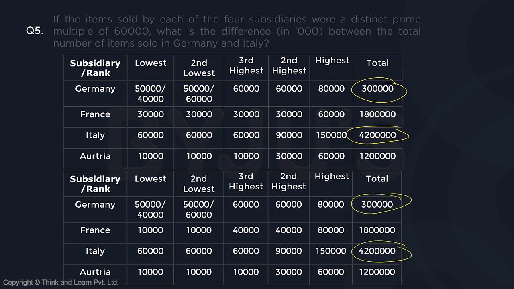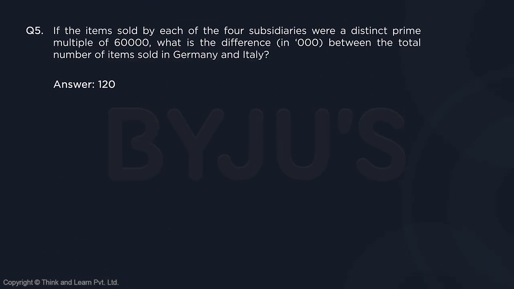So the answer is not 1,20,000, the answer will be 120, right? Because the answer should be in thousands, right? So answer is 120. I hope we are clear with the first set. Okay, let us move to the second one.